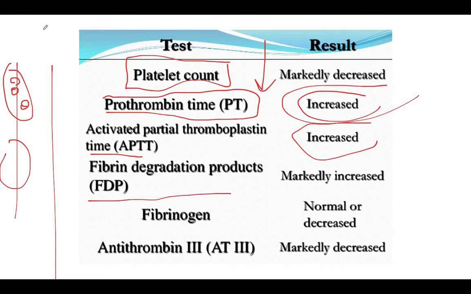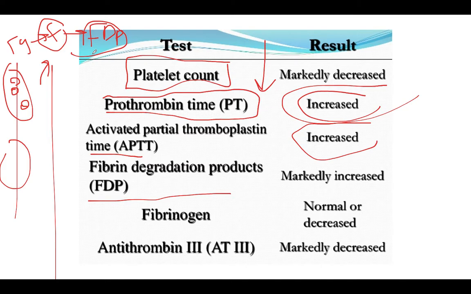Why? Because fibrinogen will be activated to fibrin as the coagulation factors are activated, and this fibrin, by the action of plasmin, will be degraded, so the fibrin degradation products will be high. This condition will also interfere with normal hemostasis, and there will be difficulty maintaining it, because it interferes with the activation of the factors and everything.